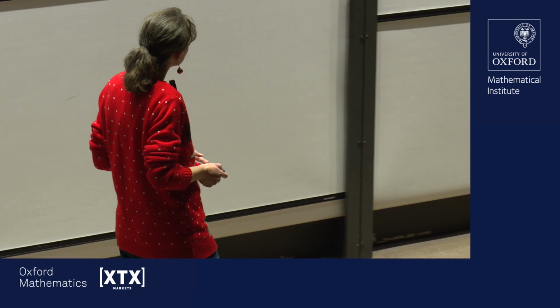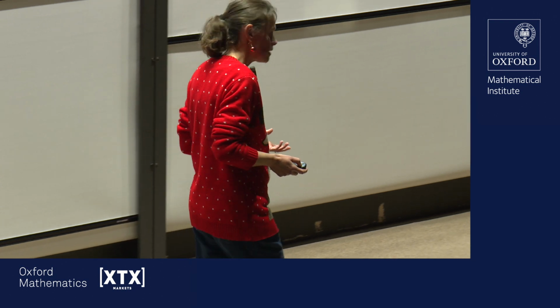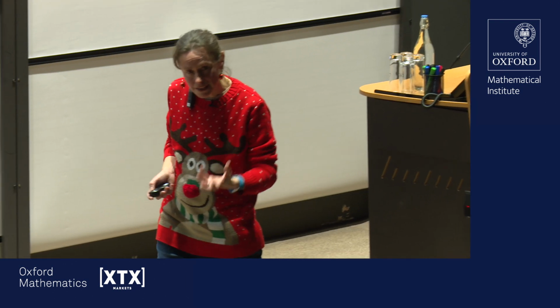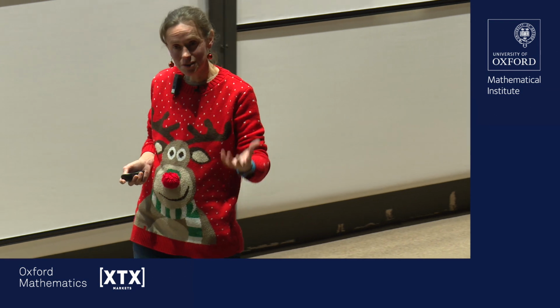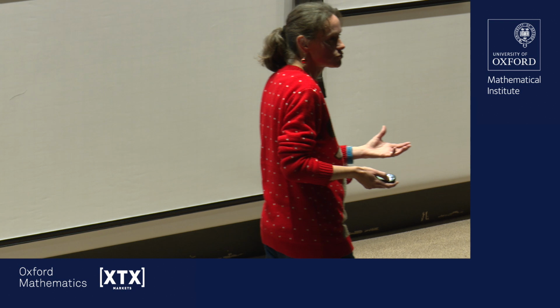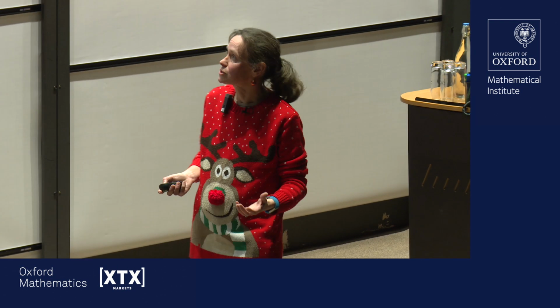So what have we seen? We have seen a roast ham in which we got an analytical solution after some simplifying assumptions, of course. We've seen Stollen, where we made some simplifying assumptions and got some simulations that were able to tell us something useful without huge amounts of computational resource because we'd been clever with our assumptions.